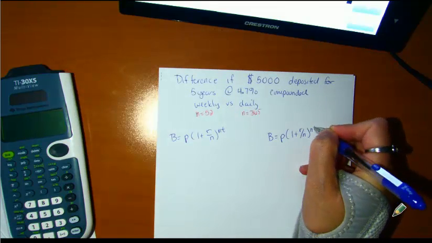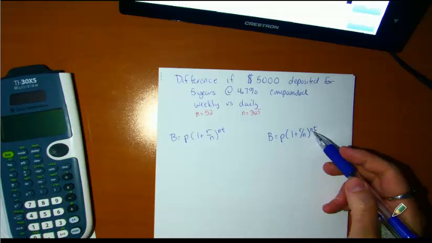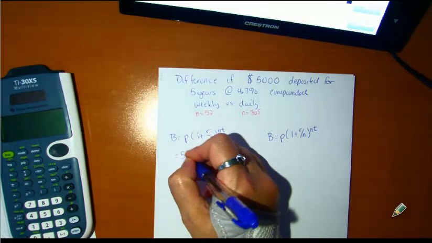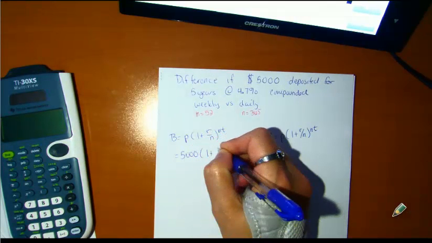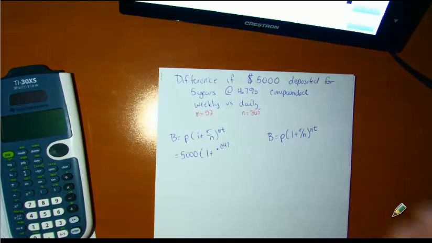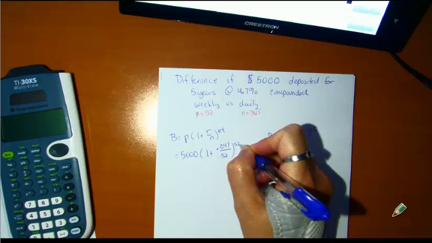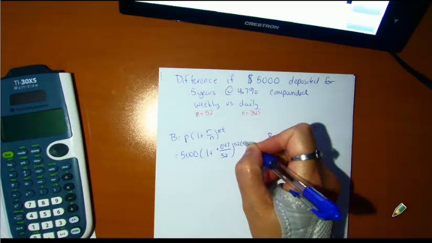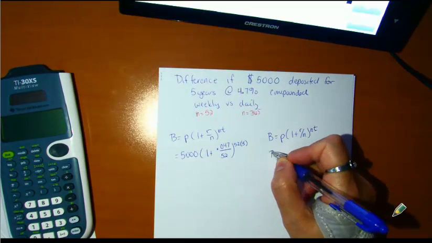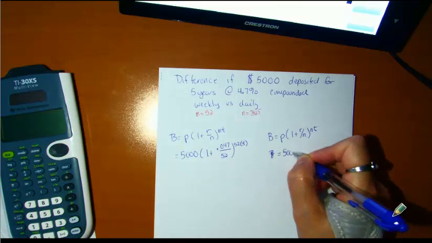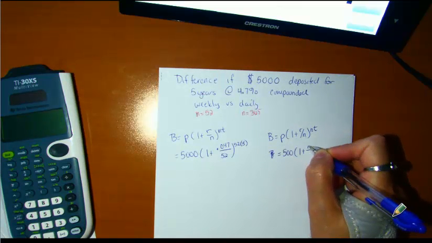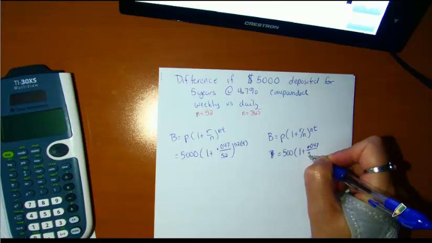The only thing that will change will be the N. So we have 5,000 at 0.047. Here's the weekly. And then we did 5 years, or daily.